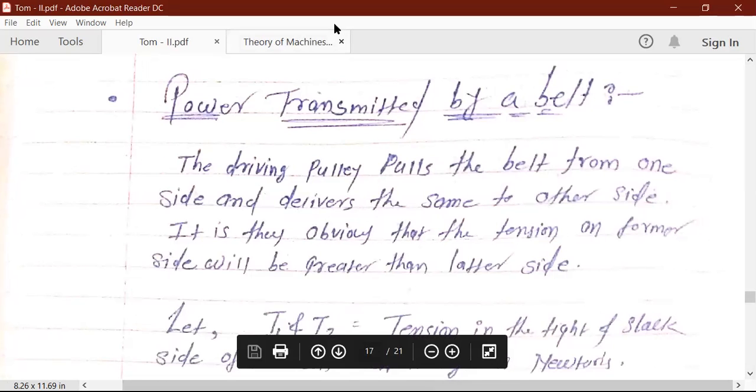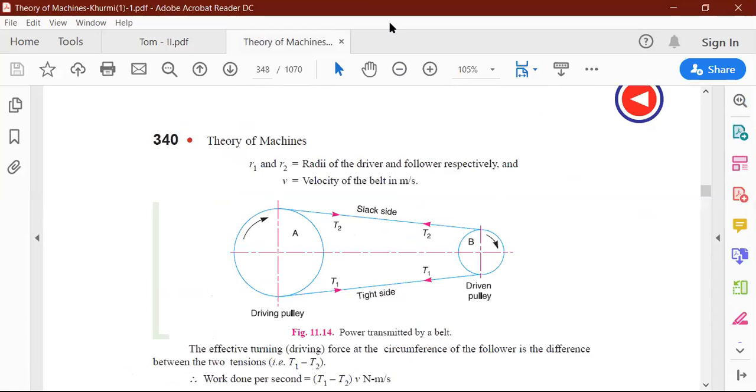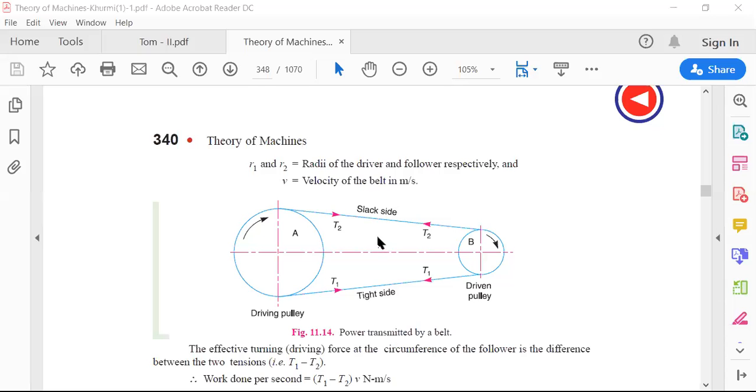See, this is an open belt drive system. This is a driving pulley and this is a driven pulley, having tight side at bottom and slack side at top. T1, T2. T1 is the tight side tension, T2 is the slack side tension.